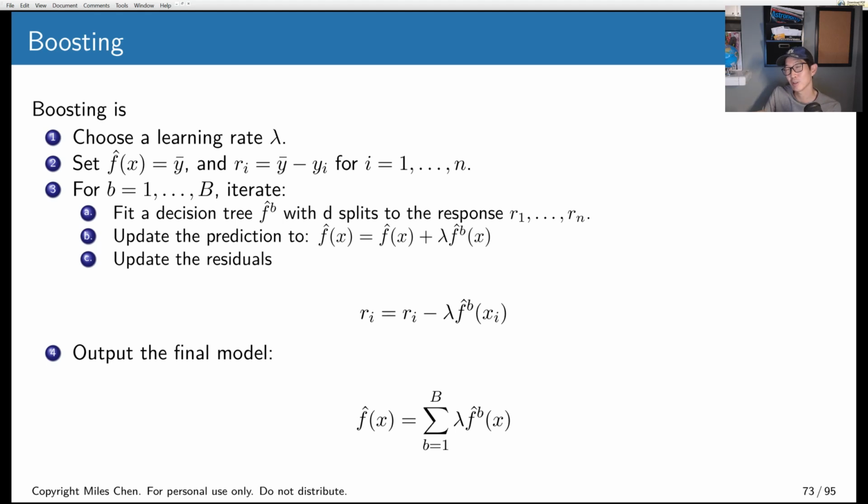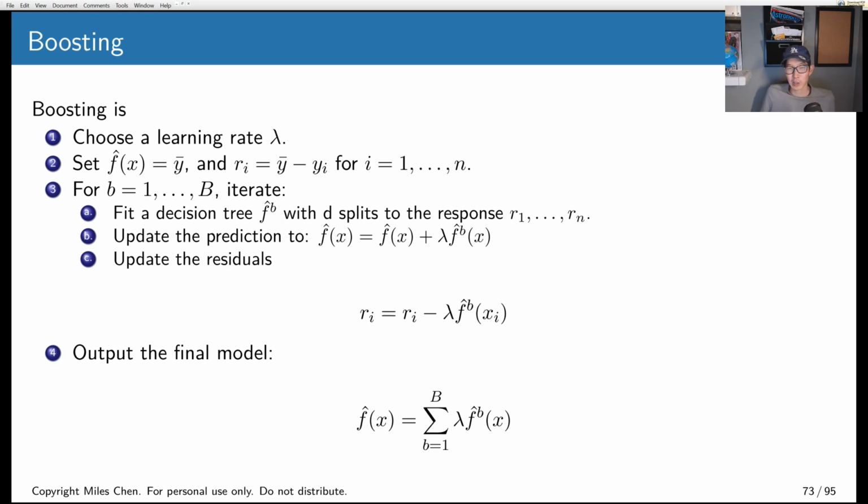You might have a learning rate of 1%, and maybe the tree says predict 100, and rather than going up 100, I'm going to just do 1% of that, and I'm going to just notch my prediction up by 1.